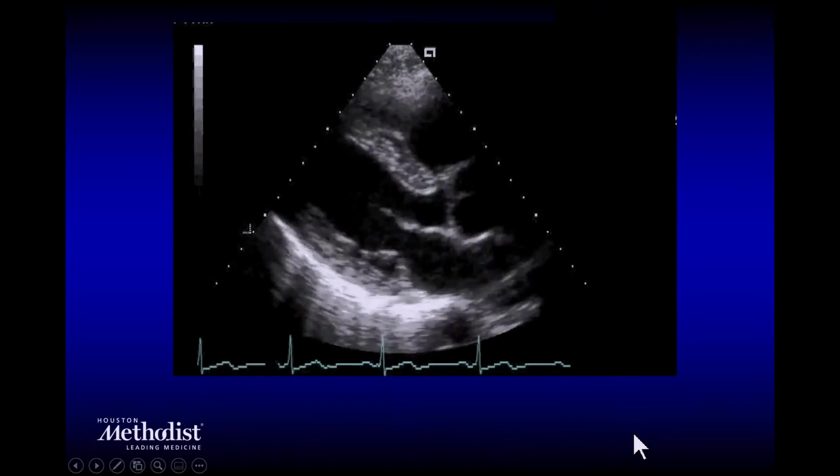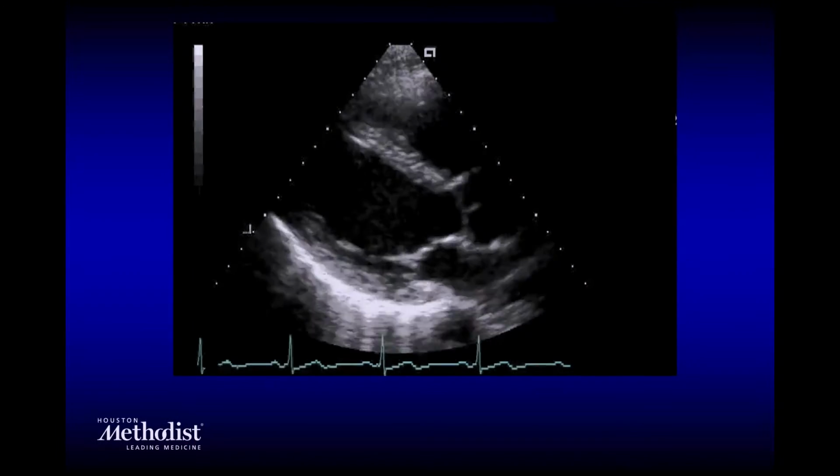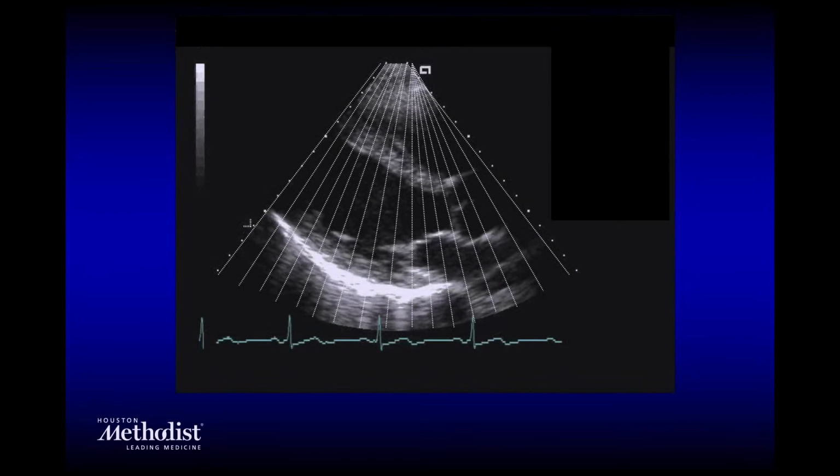So now this is 2D, and we alluded to that, and what is happening in 2D is we are sweeping these ultrasound beams that are going through, and that sweep is quite fast, could be 160, 200 times per second.